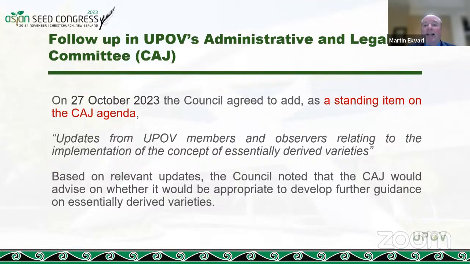And for that reason, there should be a standing item on the CAJ agenda to follow up what is happening, because there are new techniques coming up, there are different interests between different breeders and other stakeholders. So it's important that these issues are closely monitored. And based on relevant updates, the Council noted that the CAJ would advise on whether it would be appropriate to develop further guidance on essentially derived varieties. So having adopted those guidelines, that does not mean that that is now forgotten. No, it will be a very close follow-up of what is going to happen on the market between breeders on this very important issue. So next slide, please.